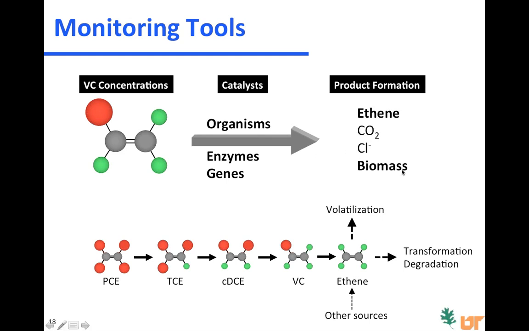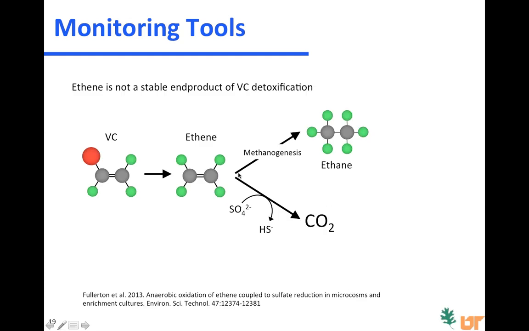And then you could look at biomass, and that will work if the cells catalyzing the process can be directly linked to the process, but you see this doesn't work all the time. And then you can, of course, look at the catalysts directly, the enzymes or the genes, and I'll mention that in a second. So now first, ethene as a stable end product.